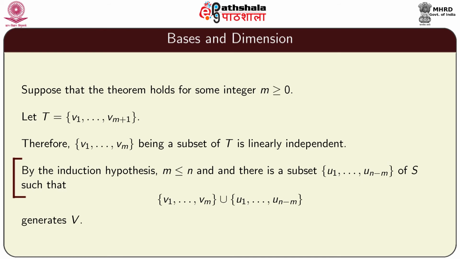Therefore, by the induction hypothesis, m is less than or equal to n, and there is a subset of S, call it u1, u2 and so on up to u(n-m), such that v1, v2, up to vm union u1, u2, up to u(n-m) generates V.